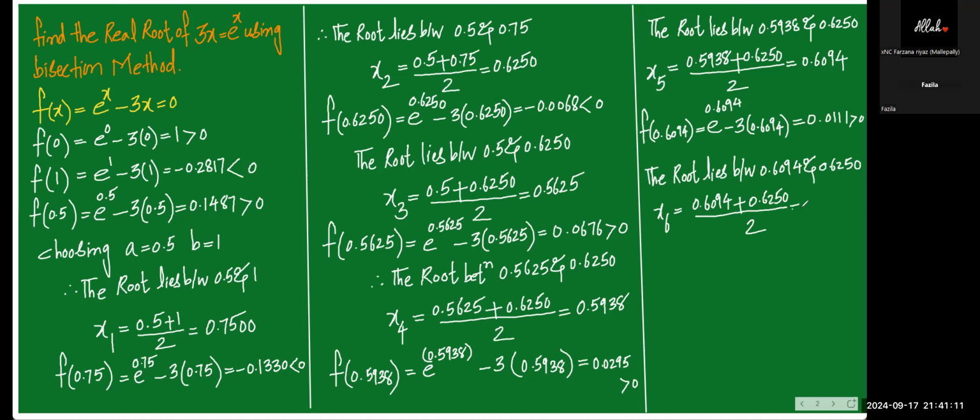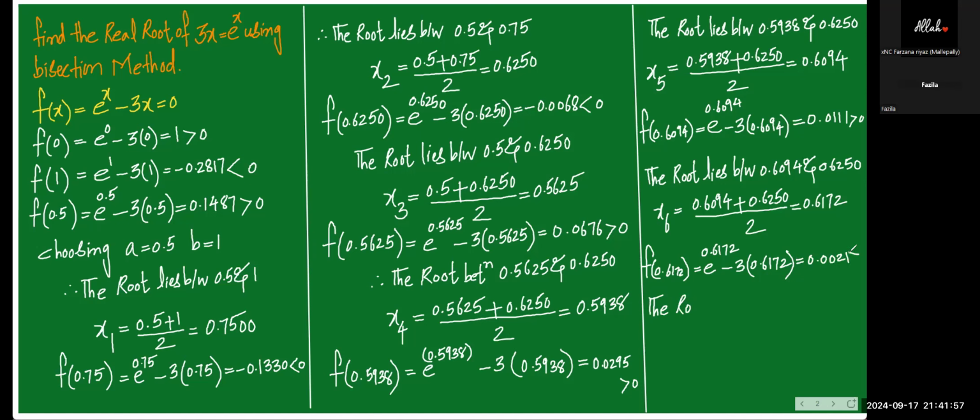And what is the answer? 0.6172. This one we have to put in: e power 0.6172 minus 3 into 0.6172. Then calculate and tell me. 0.0021.